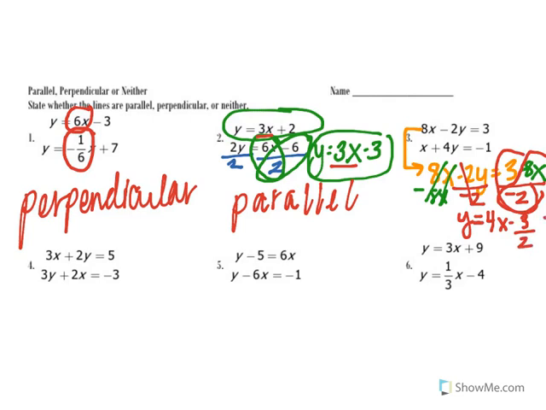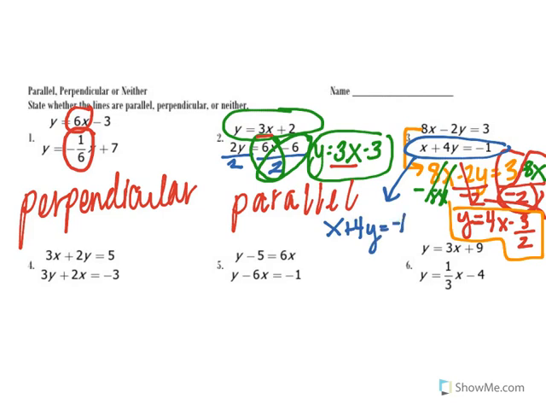So you are comparing this equation with the second equation. But before we can compare these two, we have to write this one, x plus 4y equals negative 1, in slope-intercept form.